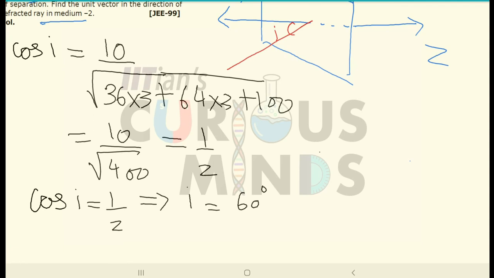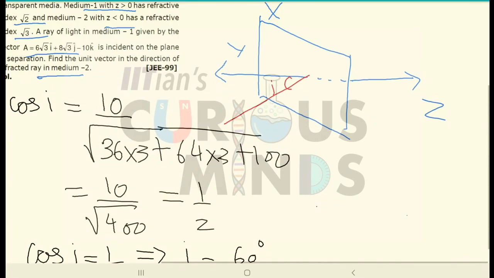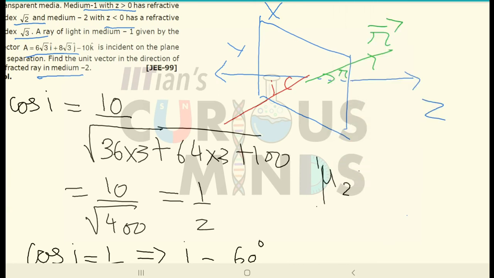Let us find the angle of refraction. The refracted ray will look somewhat like this, making an angle r, and let the vector be r vector. When the ray passes from medium 1 to medium 2, mu 1 to 2 is the refractive index of the second divided by the first, which is sin i divided by sin r.